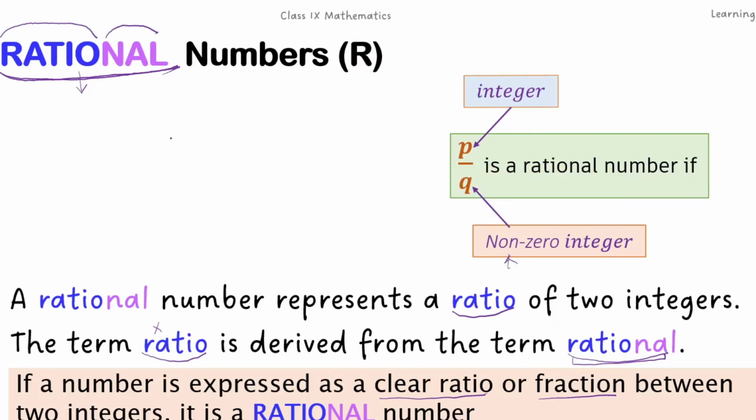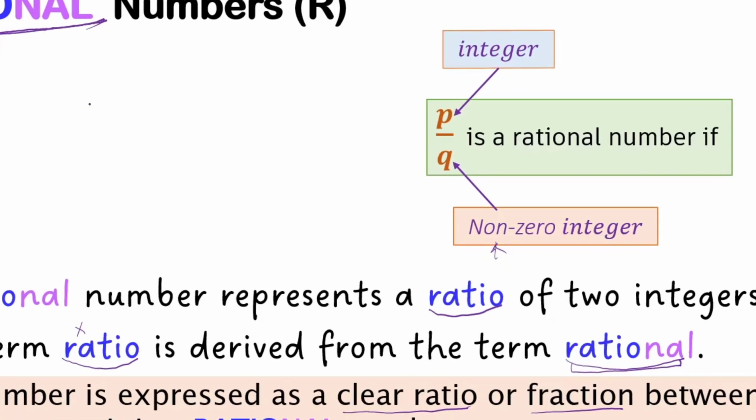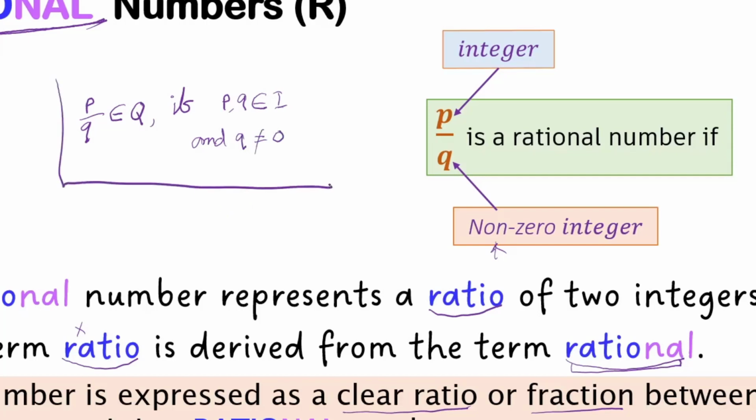In mathematical form: P upon Q belongs to Q (the set of rational numbers) if both P and Q belong to I, the integers, and Q is not equal to 0. So this is the complete definition of rational numbers.